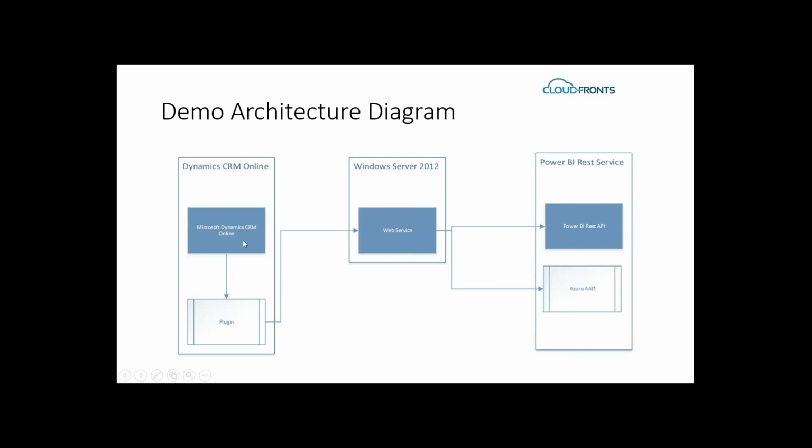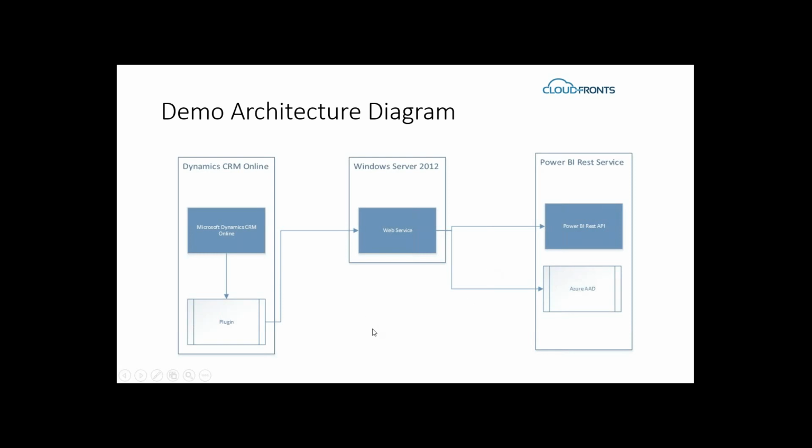We have deployed a plugin on our CRM instance which gets activated whenever an opportunity is created, won, or lost. Once this plugin is activated, it sends the data to the web service, and the web service then makes calls to the Power BI REST API and pushes data into the datasets. It also performs Azure authentication in the background.